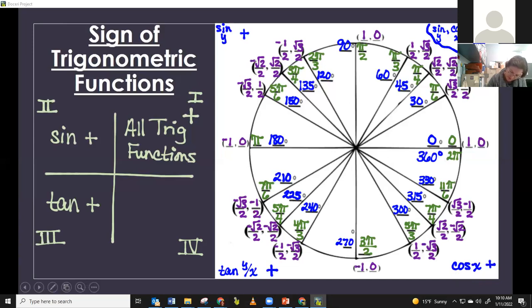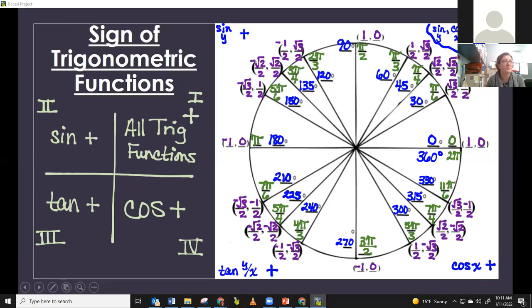Cosine will be positive down here. Remembering which trig functions, and obviously their reciprocals, are going to be positive in those same quadrants as well. Remembering which quadrants have positive trigonometric function values is going to be really, really important.